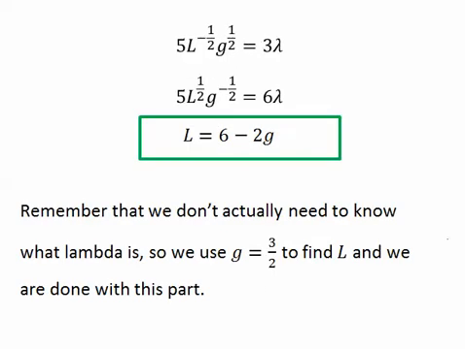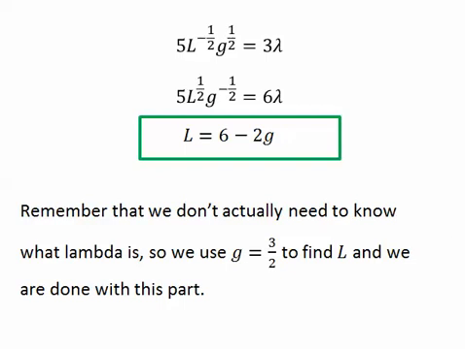Now we actually do not need to know what lambda is. Sometimes we find lambda because that's helpful, but finding lambda is not necessary, and if you can do the problem without finding lambda, all the better. So I'm just going to forget lambda now. It was only designed to help me. However, I do want to know what L is.